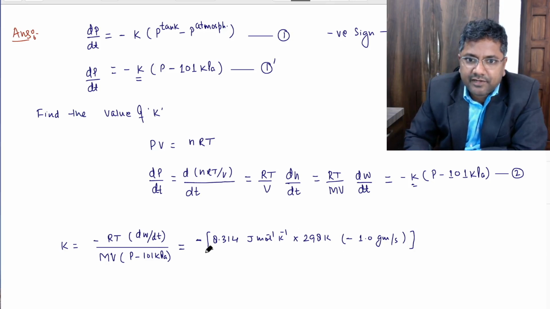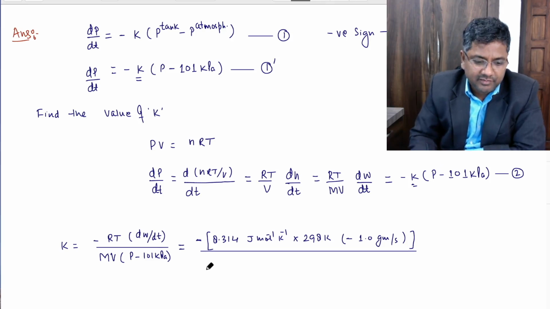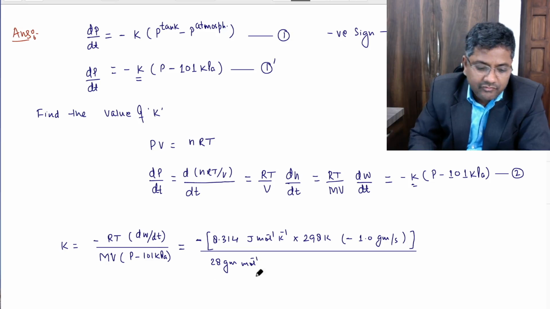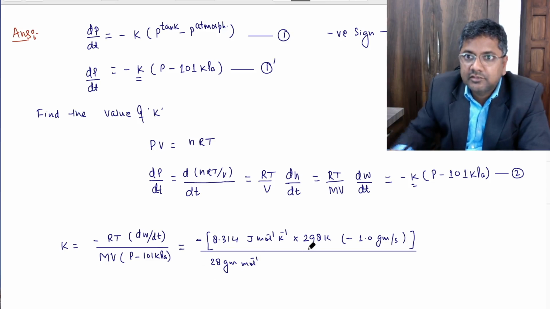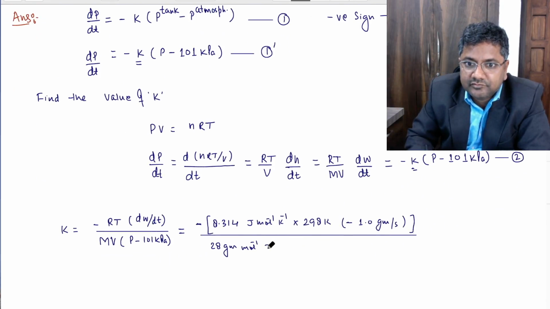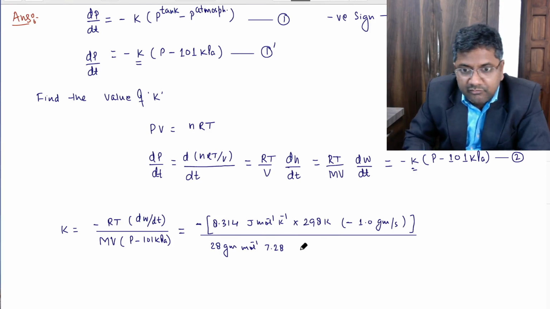Divided by 28 grams per mole. V is 7.28 meter cube.